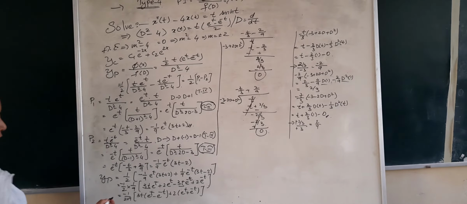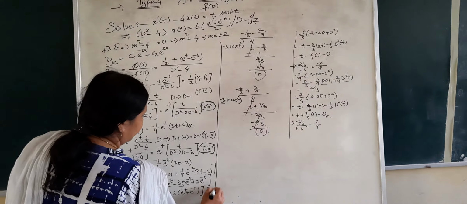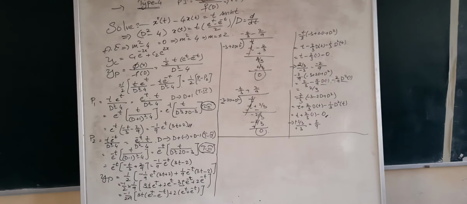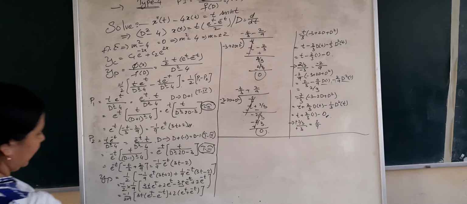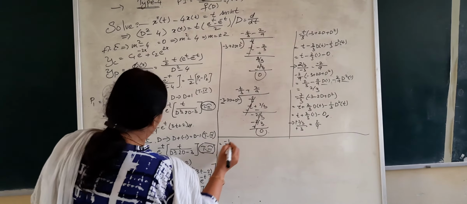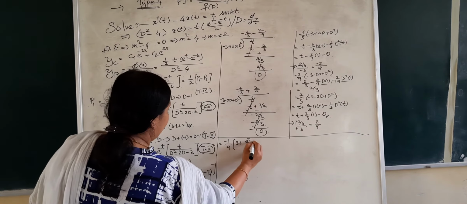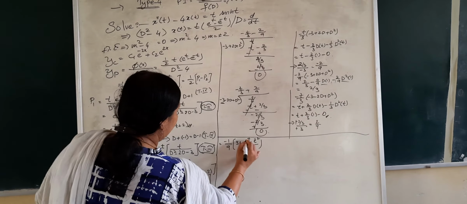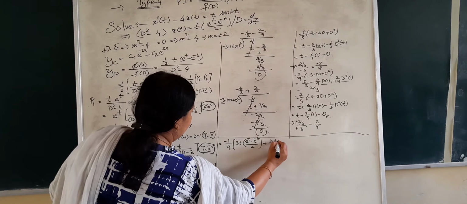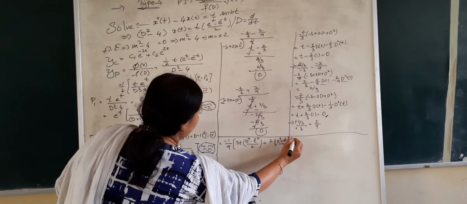Okay, so if you take inside this 2, let me continue here. Okay, so I am taking this 1 by 2 inside, 1 by 9 with a negative sign as it is outside, minus 1 by 9 times of 3t times e to the power t minus e power minus t the whole divided by 2 plus 2 times of e power t plus e power minus t the whole divided by 2.